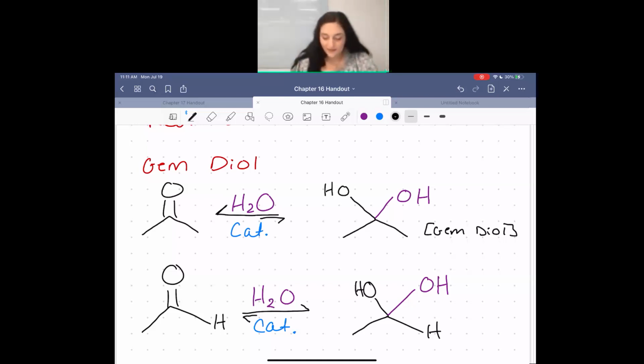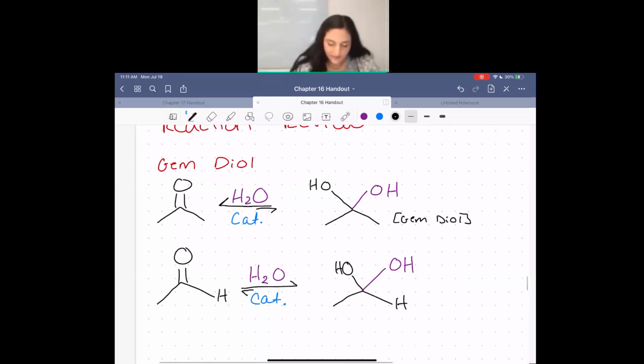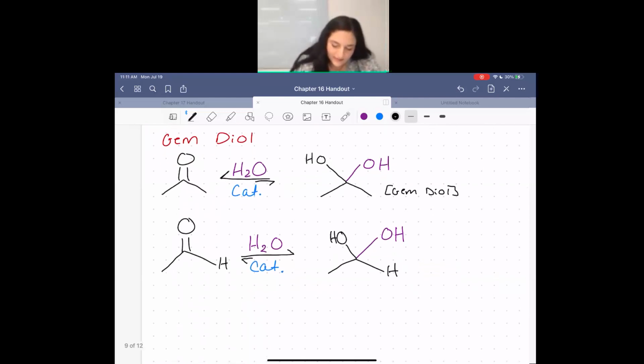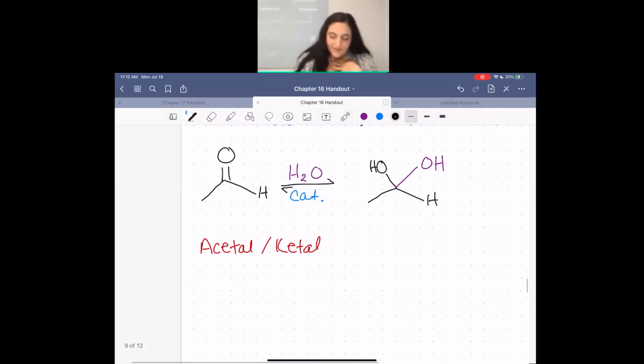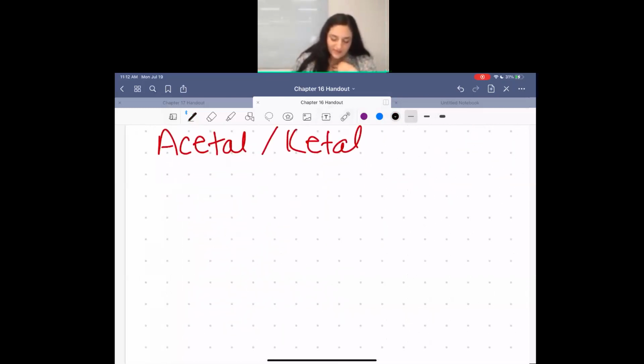Ta-da! Okay. Now, after gem diol, we did something called the acetal-ketol reaction. Excuse me, so sorry. Was there really any difference between using a ketone and using an aldehyde? No, there wasn't. Cool. So I'm just going to use a ketone.